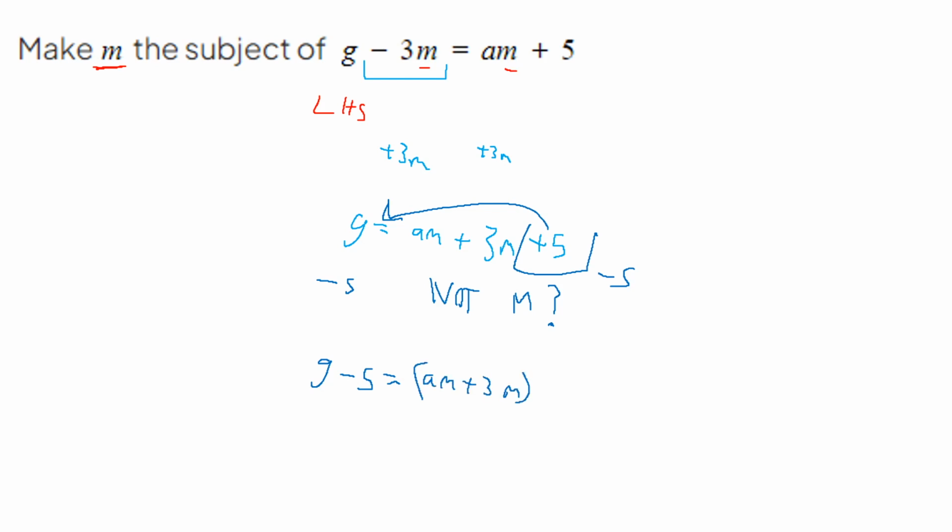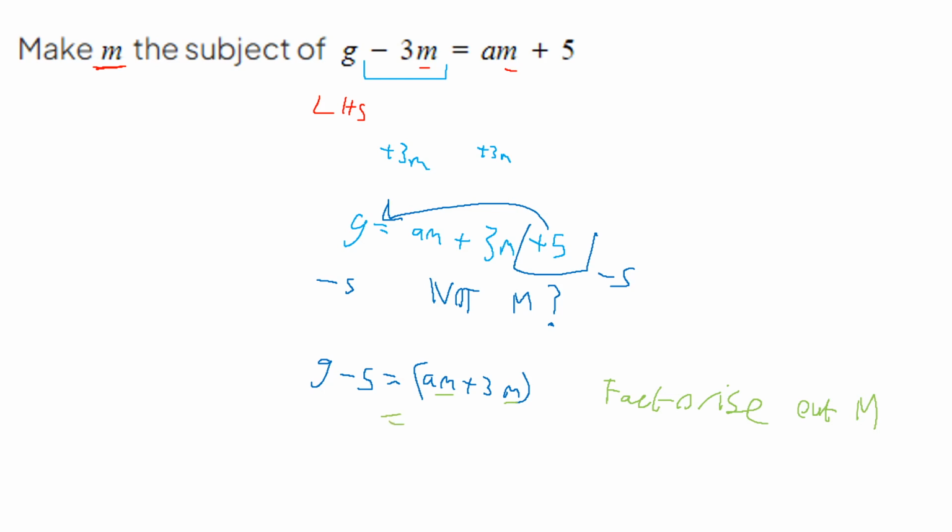Now, this time it's not as easy as, oh, just divide by the coefficient. No, because in this equation, we have two m's still. So what we can do is we can factorize out m.